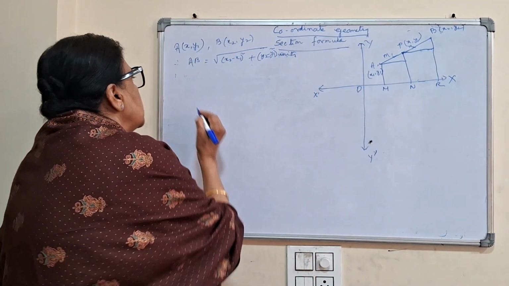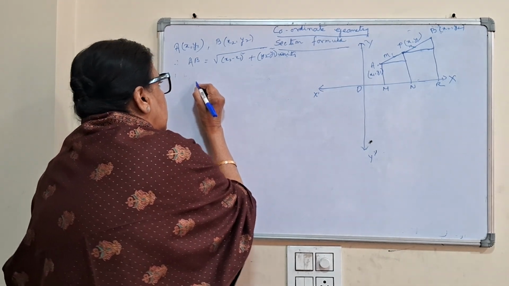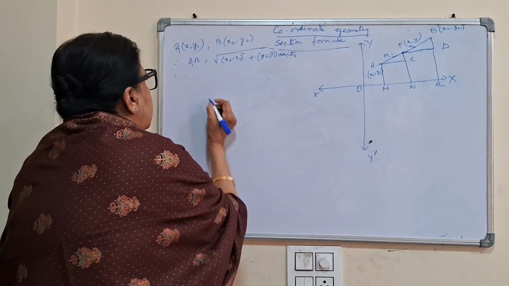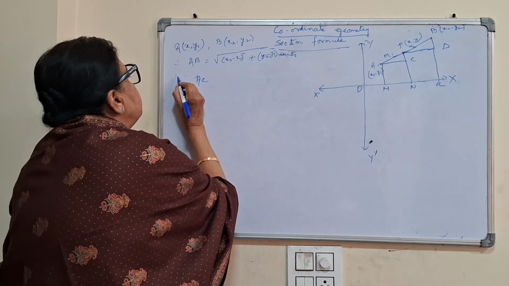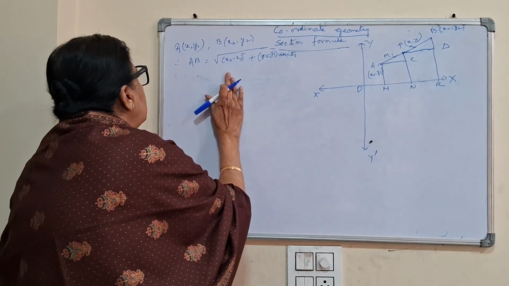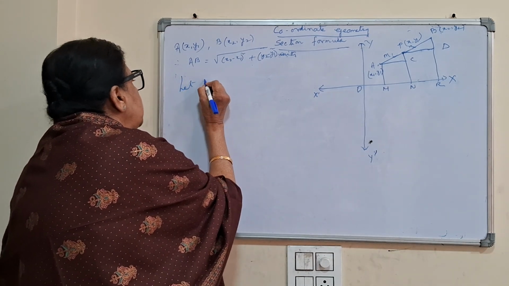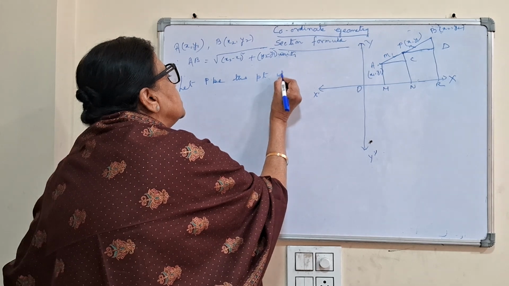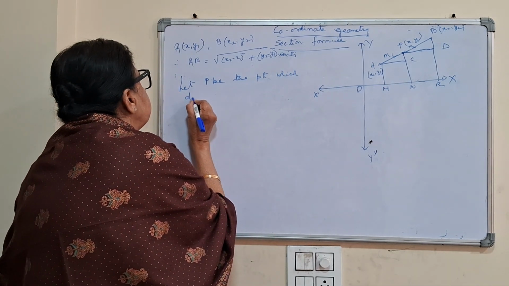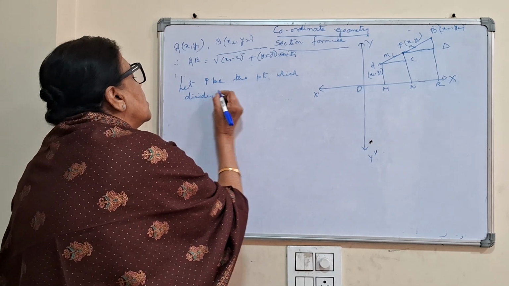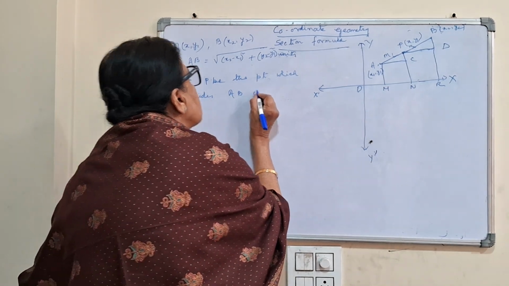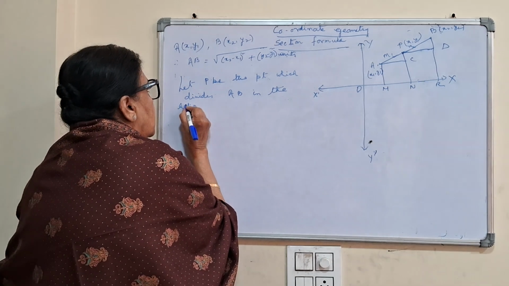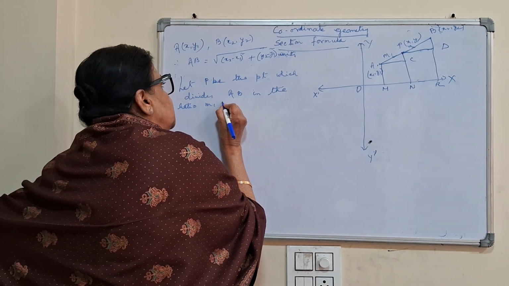Now, in the figure, we name the points C and D. Before I start, I will write: let P be the point which divides AB in the ratio M1 is to M2.